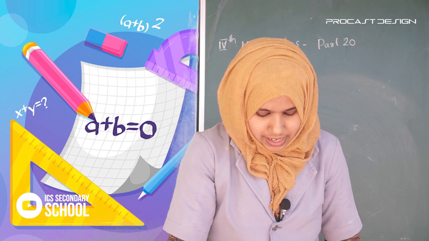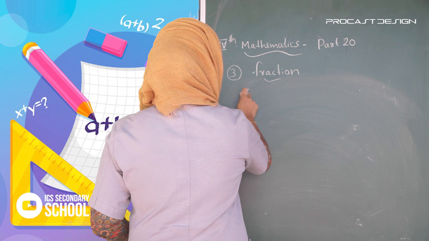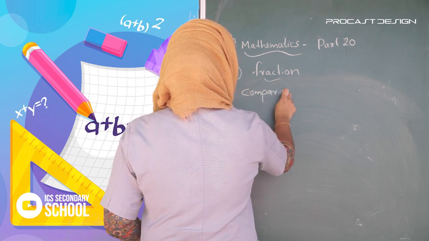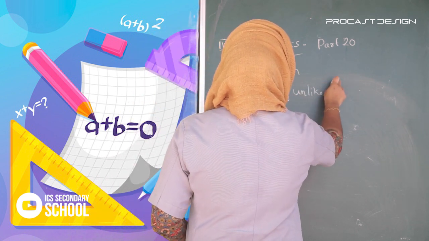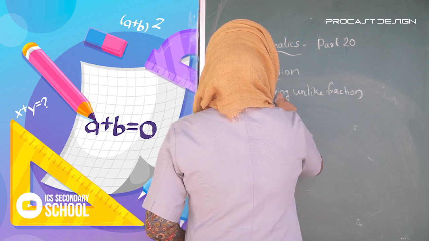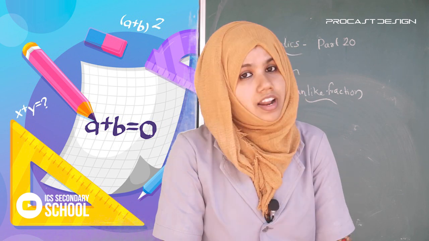Next is comparing unlike fractions. Unlike means their denominators are not the same.